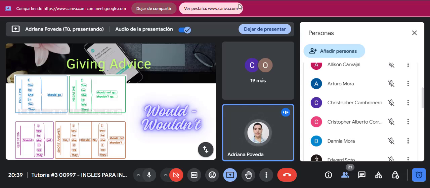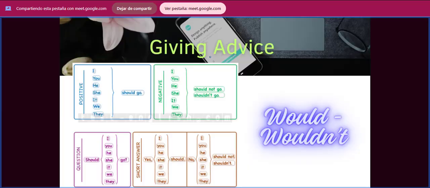So we were on the part of giving advice using should or would. As I told you, for the affirmative sentence, we will have the subject plus the modal verb, should or would, the two included in your program, and the verb in the simple form.